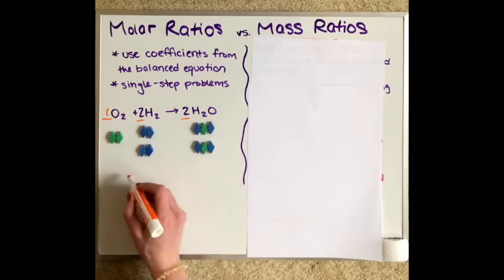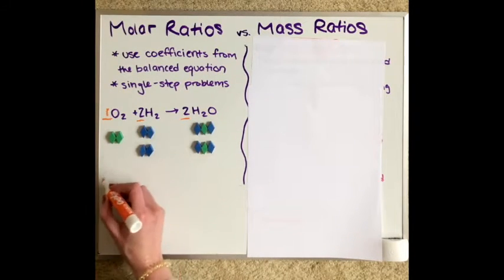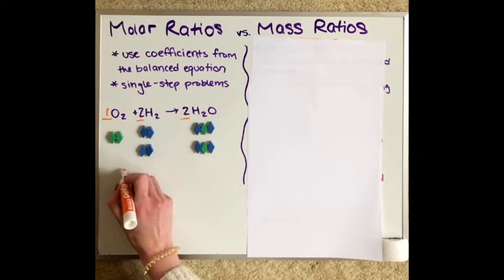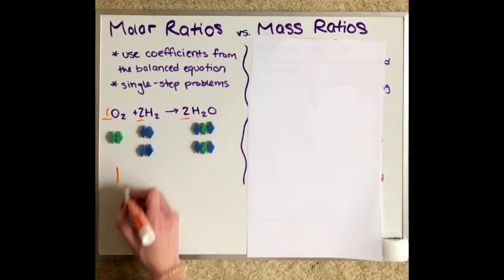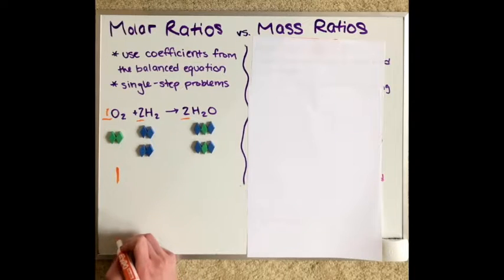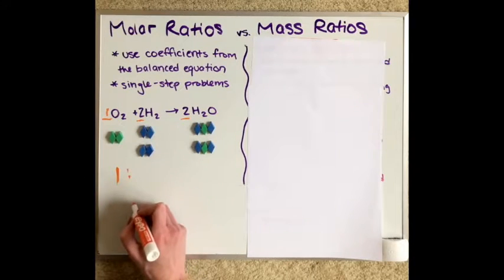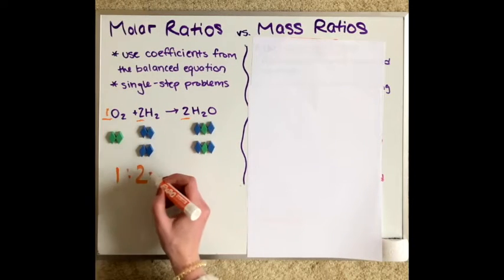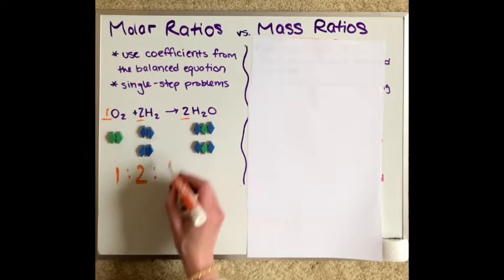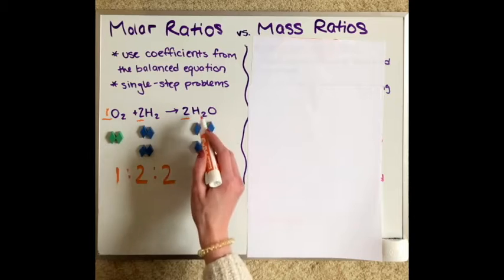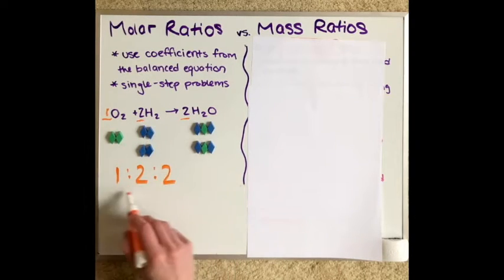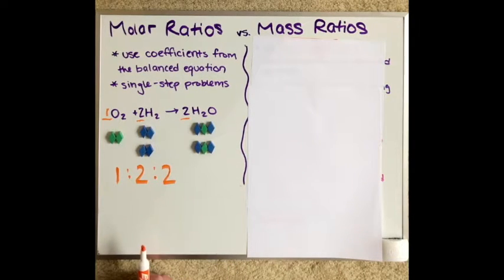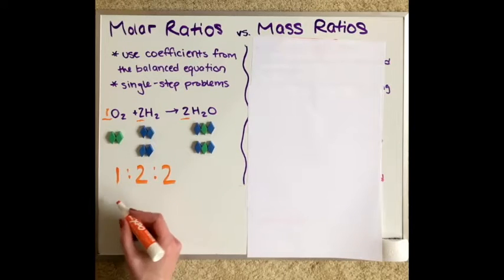So our overall ratio of reactants to products would be 1 molecule of oxygen, O2, reacts with 2 molecules of H2 to yield 2 molecules of H2O. And now you can take this ratio and scale it up to different numbers.